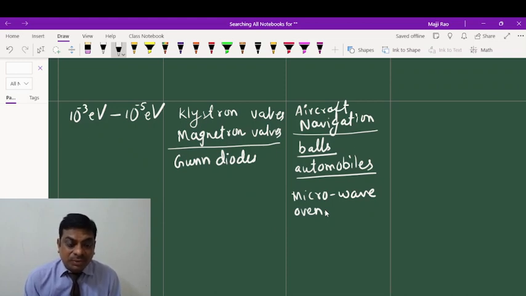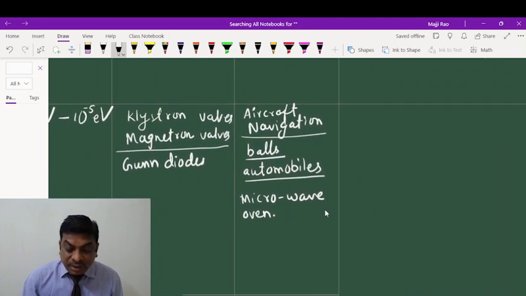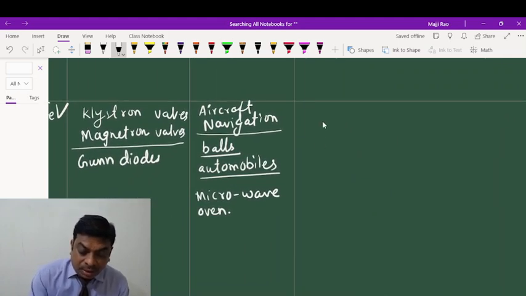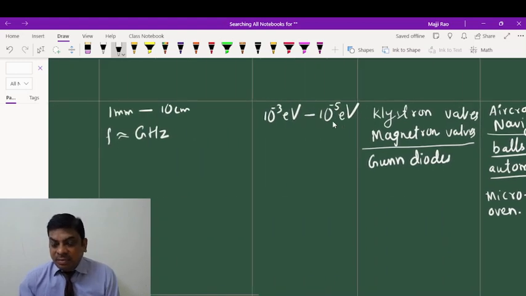Right. Now coming to the detector, they are detected by what we call point contact diodes. They are special types of diodes employed to detect these microwaves.